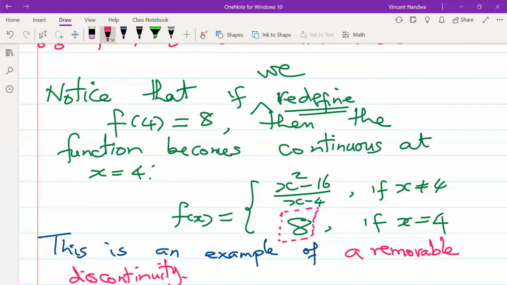But that 15 was not tallying with the limit of this function as we approach 4, which was 8. So instead of 15, if you replace 15 by 8, then the value of the function at 4 will agree with the limit at that point.